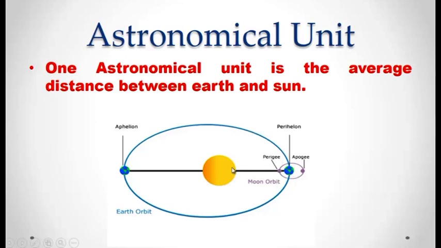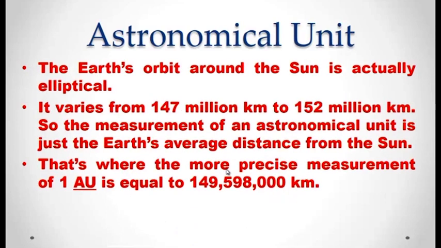That's why astronomers and researchers have calculated the average distance between the Sun and the Earth. This average distance is considered as 1 astronomical unit. 1 astronomical unit is approximately 149 million kilometers.